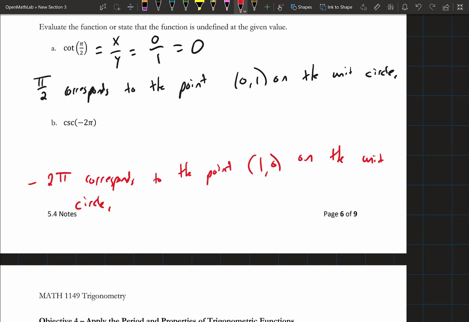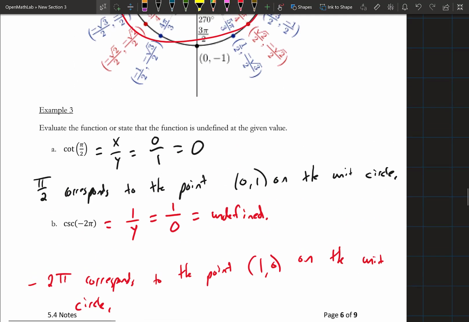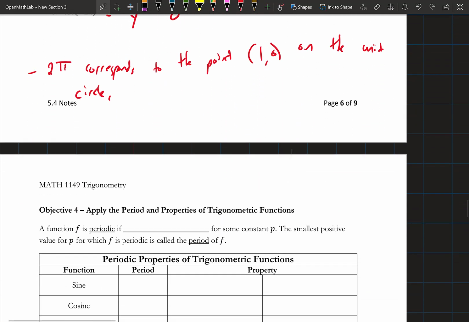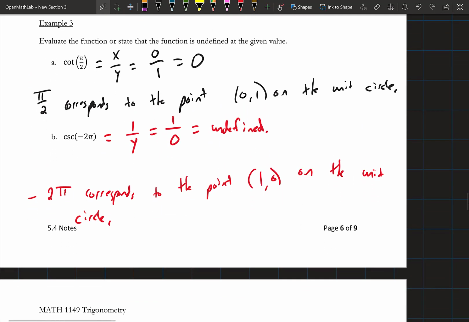So cosecant of negative 2 pi is equal to 1 divided by y, so we'd have 1 in the numerator still, but my y coordinate is 0. We can't divide by 0, so this is undefined. So cosecant of negative 2 pi is undefined. Remember with cosecant, the domain was excluded if we had multiples of pi, which negative 2 pi is a multiple of pi.